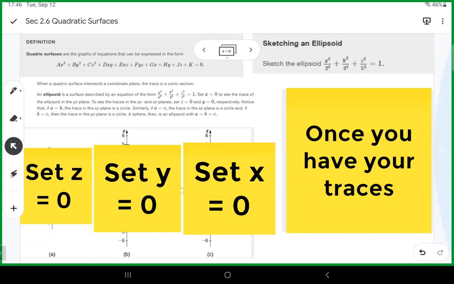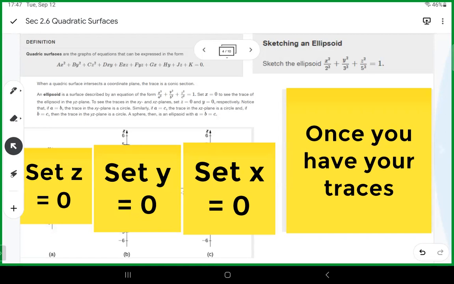To see the traces in the xy and xz planes, set z equal to 0 and y equal to 0, respectively. Notice that if a and b are equal, the trace in the xy plane is a circle. Similarly, if a and c are equal, the trace in the xz plane is a circle. And if b and c are equal, then the trace in the yz plane is a circle.